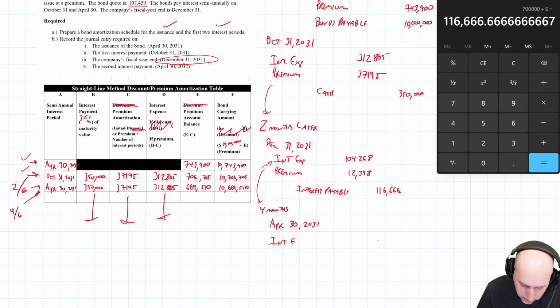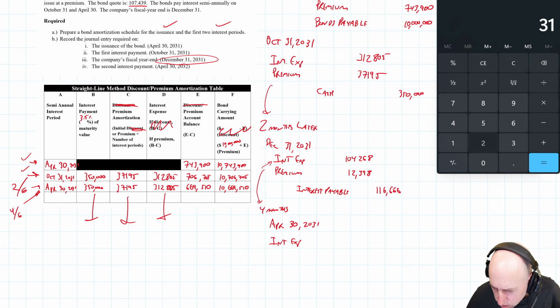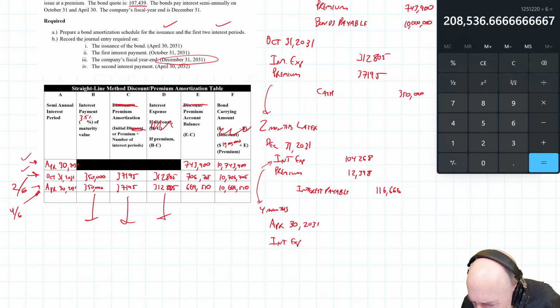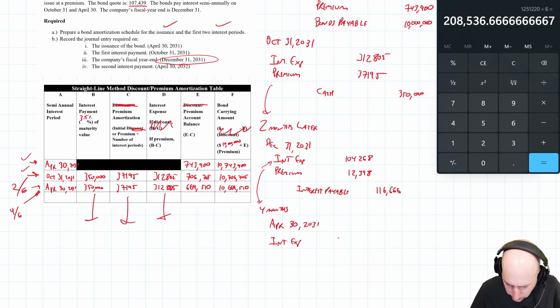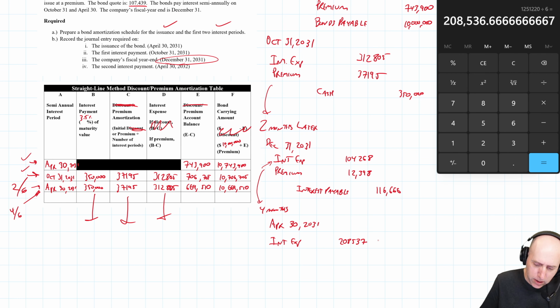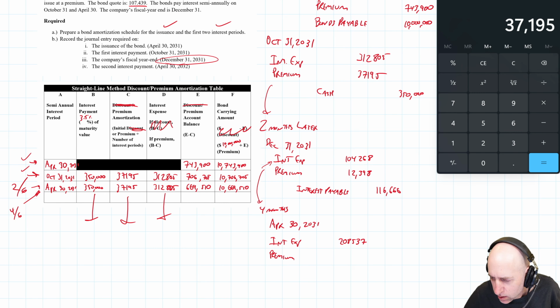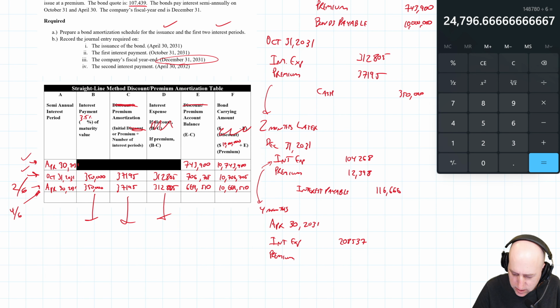Our interest expense is $312,805 times 4/6, $208,537. $208,537. We're going to do our premium, which will be $37,195 times 4/6, $24,797.